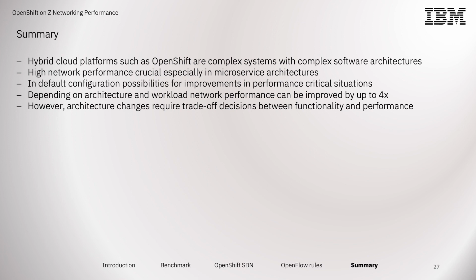Depending on the architecture and, of course, the workload, the network performance can be improved by up to 4 times, but, of course, such architecture changes require trade-off decisions between functionality and performance.